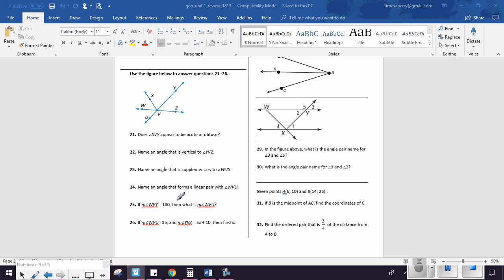25. If the measure of angle WVY, this angle here, is 130, it wants to know the measure of WVU.